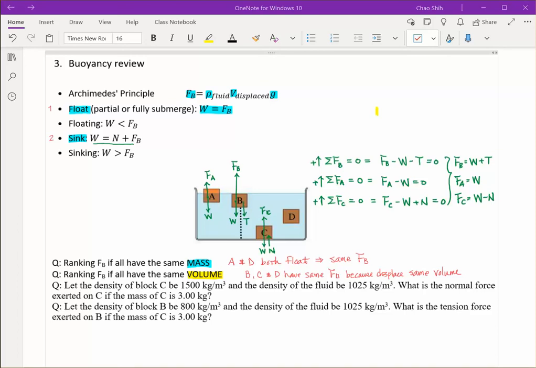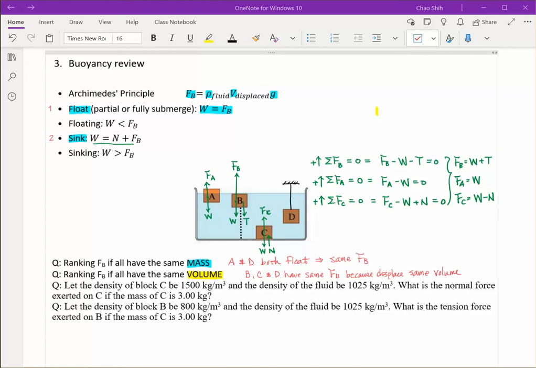Now let me give you one more situation. What happens if, let's say, D, we make it not in this way, but in this way. So we have a ceiling, and we connect this one with a string, and the block D happens to stand still at that position under the fluid.